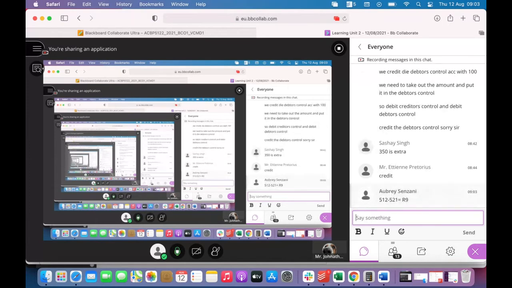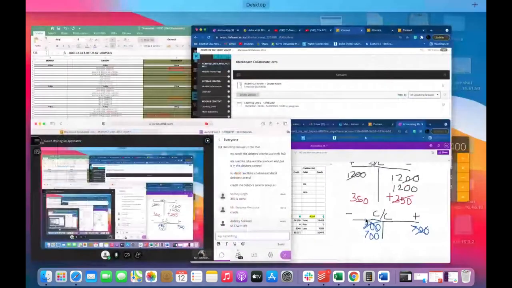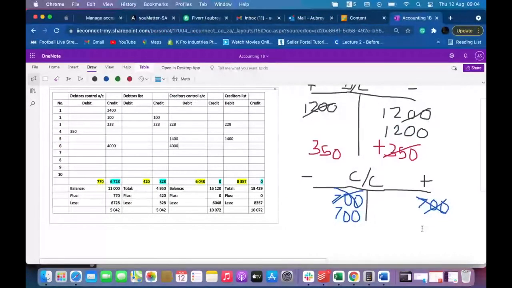All right. Basically, whenever we buy something on credit, we're going to credit the creditor's control. And likewise, we'll then also credit the creditor's list. So in this case, 521 was credited.